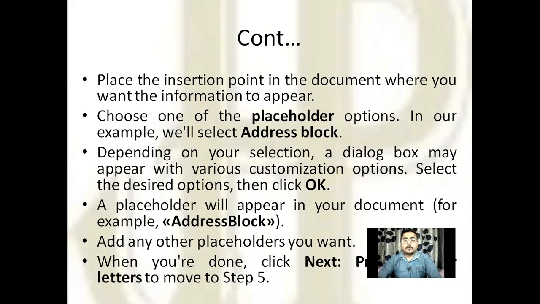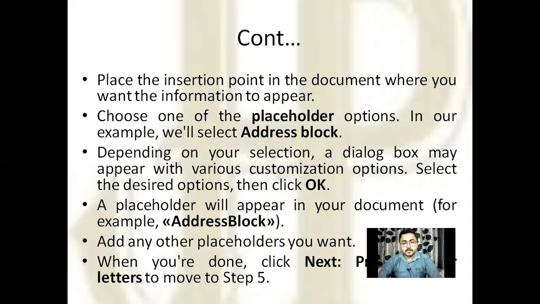Place the insertion point in the document where you want the information to appear. Choose one of the placeholder options. In our example, we will select address block. Okay, I have done this. Depending on your selection, a dialog box may appear with various customization options.